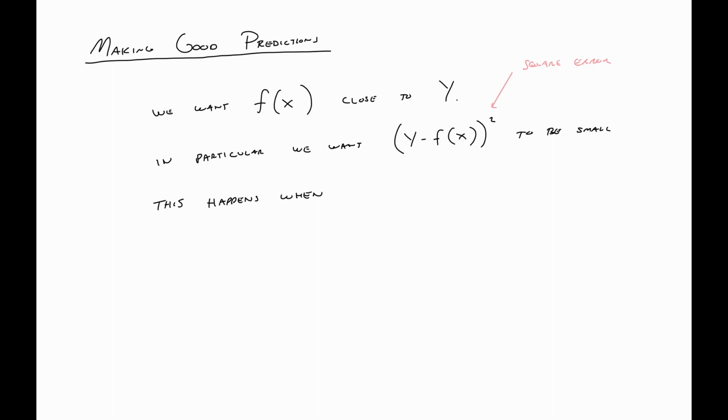So when we say that we want the signal to be close to the resulting y, where we define close in this squared error sense, these things are as close together as possible exactly when that function is the conditional mean of y given x, which we will often notate by mu of x for short, the mean of y at x.